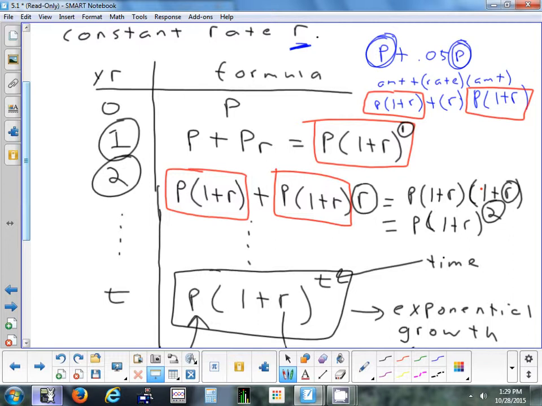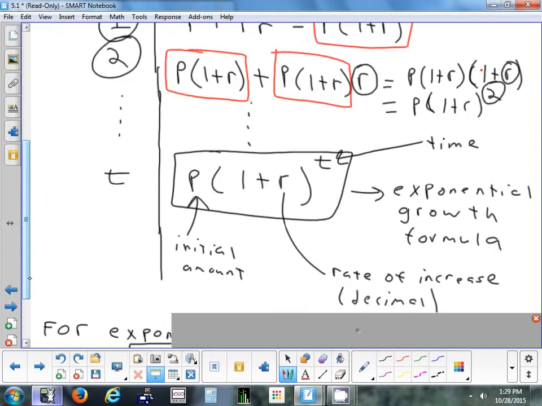It's like if you have x plus 2x and you factor an x out, well, if you factor out the entire thing you have, you've got to put something there to hold its place. So we factored out the entire thing we had. That's where that 1 comes from. And then this part, the P times 1 plus R, that's what's in the red box. That's what we factored out.